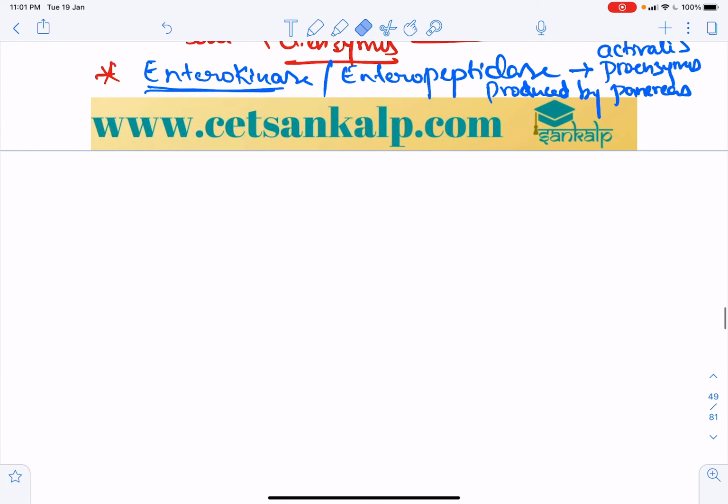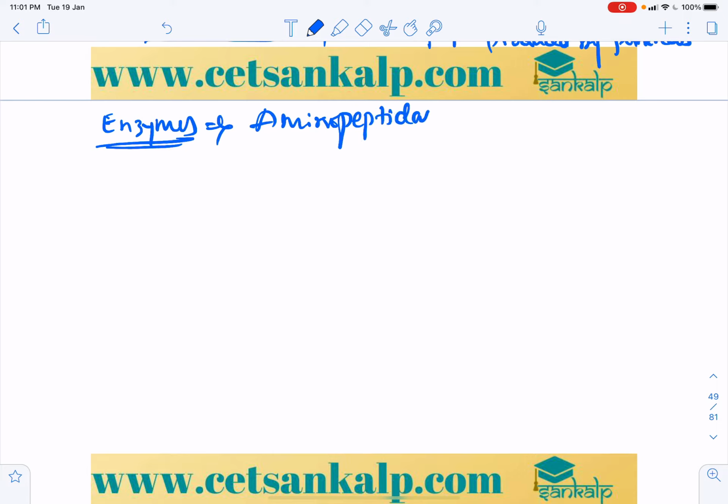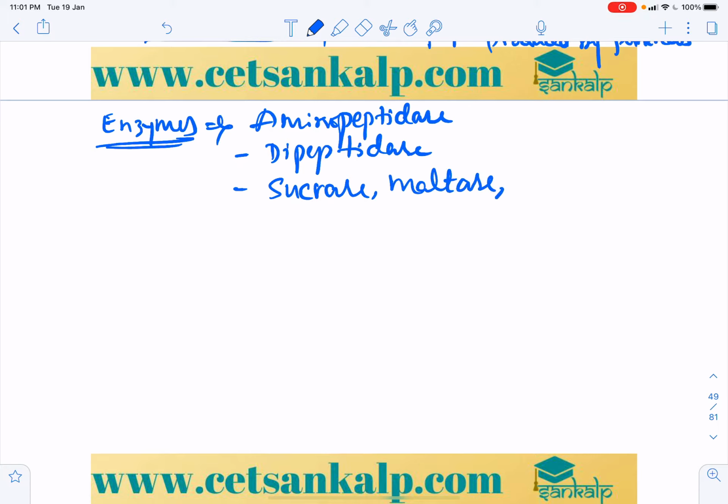Next, this intestinal gland also secretes enzymes. The enzymes in the intestinal juice are aminopeptidase. These are very important, you should keep them in mind. Dipeptidase, aminopeptidase, sucrase, maltase, lactase, isomaltase.